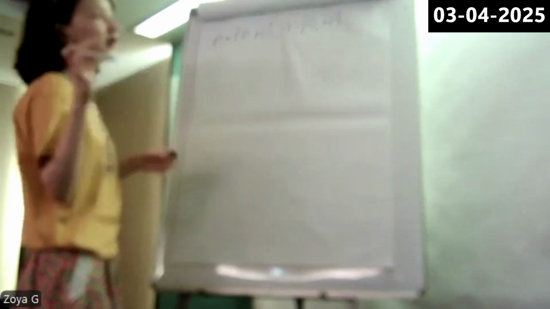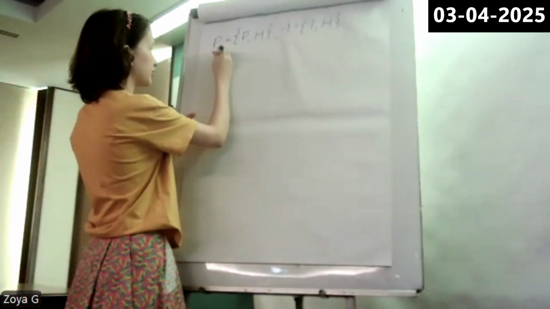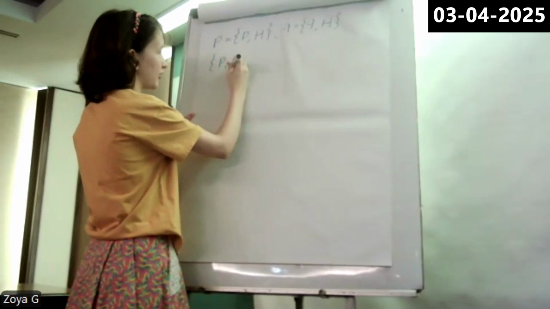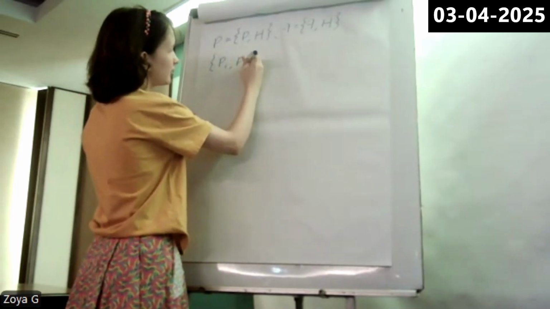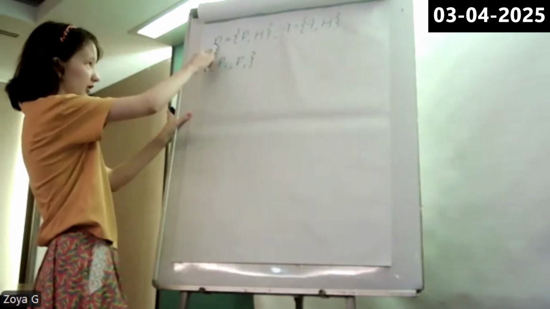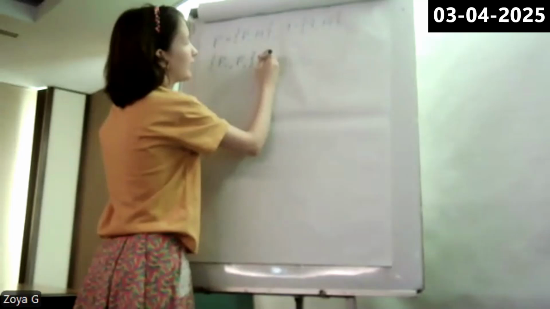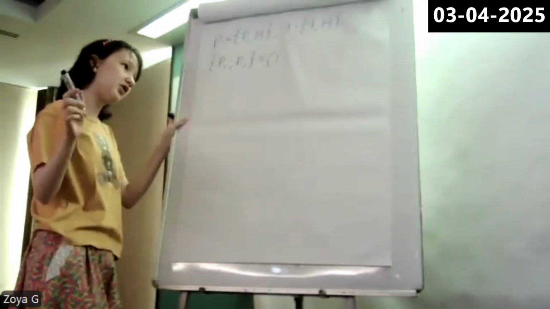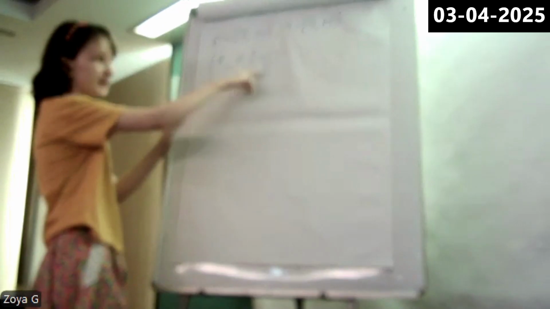Now, a few other interesting properties that Poisson brackets can have, or that they do have if a system is Hamiltonian, is assuming that there is more than one conjugate pair, conjugate pairs p and q. The Poisson bracket between any two p's is 0.